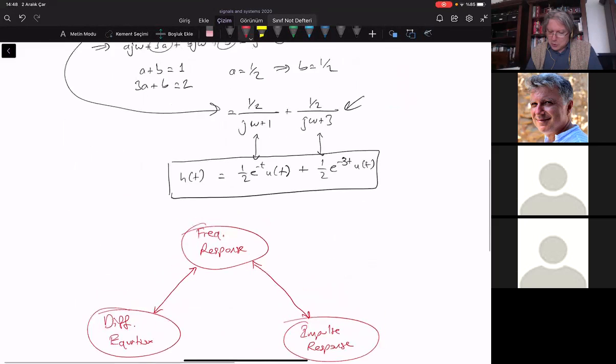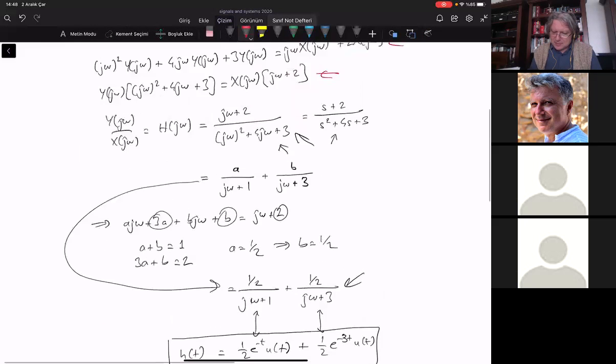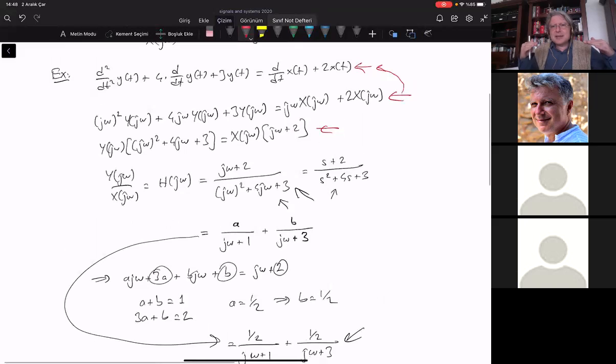And from h of j omega, you say h of j omega is y j omega divided by x j omega. Make cross multiplications, write them in the form of an equation, and take the inverse Fourier transform of that expression to come up with the differential equation. Okay, which is the reverse operation of this particular example. That could also be a question.